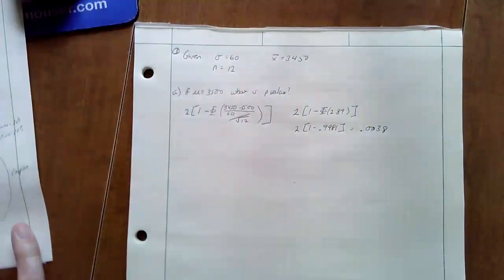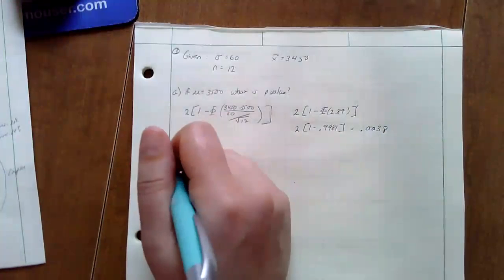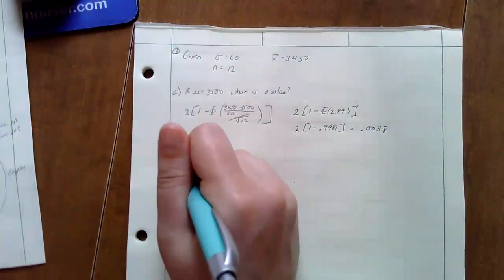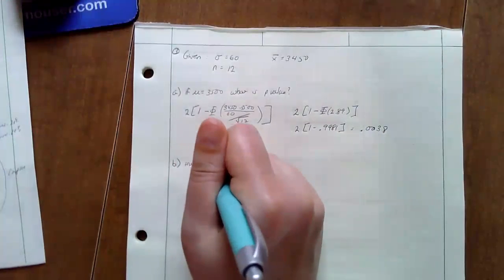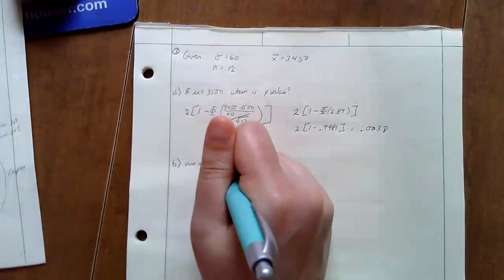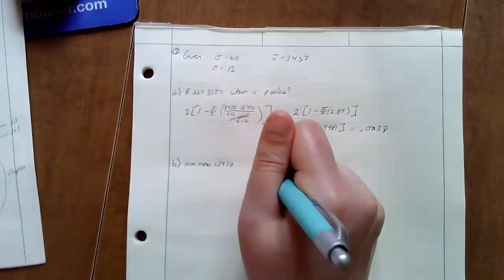So then it says if the true mean is 3,470 and alpha is 0.01, find the error and the power. So now we're going to see that the true mean is equal to 3,470, and we're going to use an alpha of 0.01.